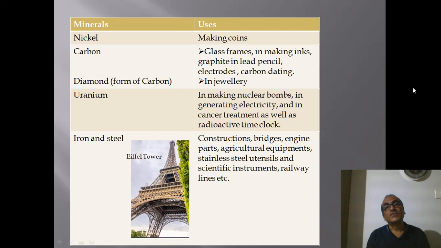Then iron and steel, the most extensively used metal. You can see on the screen the Eiffel Tower, which is made of iron. In Paris it is.